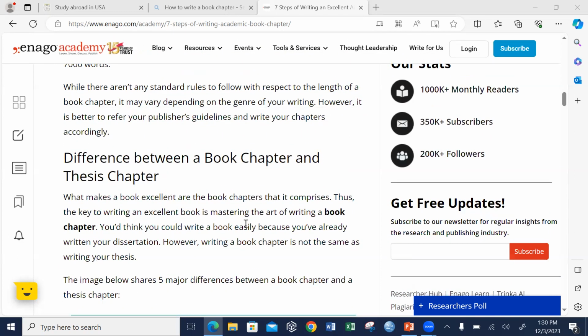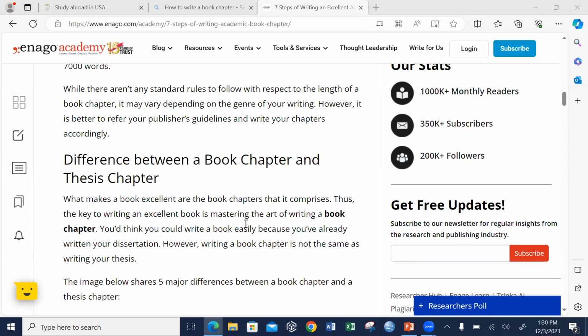Sometimes people are of the opinion that because I'm able to write my thesis or dissertation, then I can write a book. Well, they are both academic writing, but there's a difference between writing a book and writing a thesis, a dissertation or a project. The language will change, and the audience that you are writing for also differs. For a thesis or dissertation, you are writing for just your supervisor or your committee.